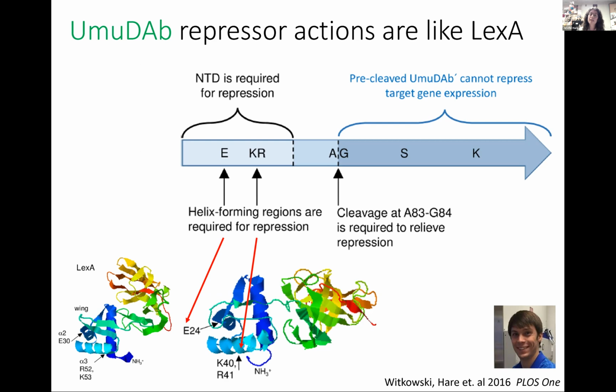Now, there are some other groups that have actually shown that UmuD-AB does bind to DNA. We haven't done those studies, but we do know as a scientific community that UmuD-AB does bind DNA. On the right-hand side, we also looked to see what was required for UmuD-AB to cleave and then allow genes to be induced, because there are two parts to its action as a regulator: repression of gene transcription in the absence of DNA damage, and then relief of repression when the protein cleaves itself, producing the ability to get transcribed.